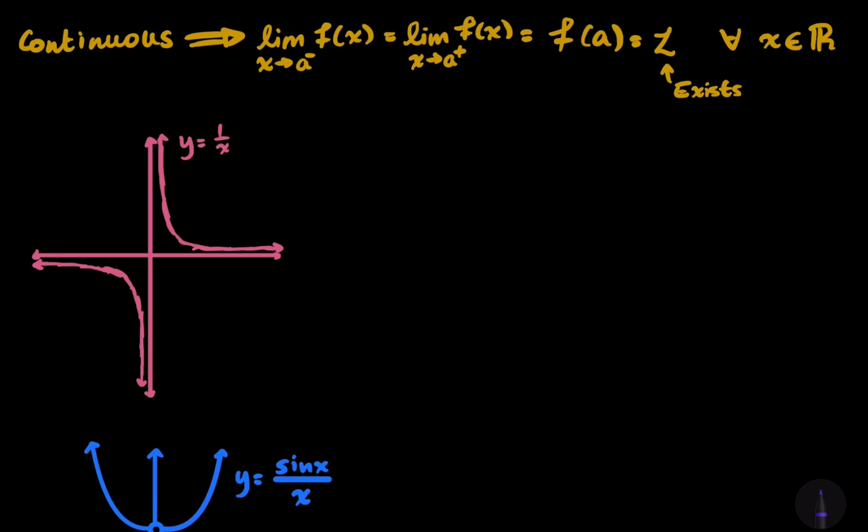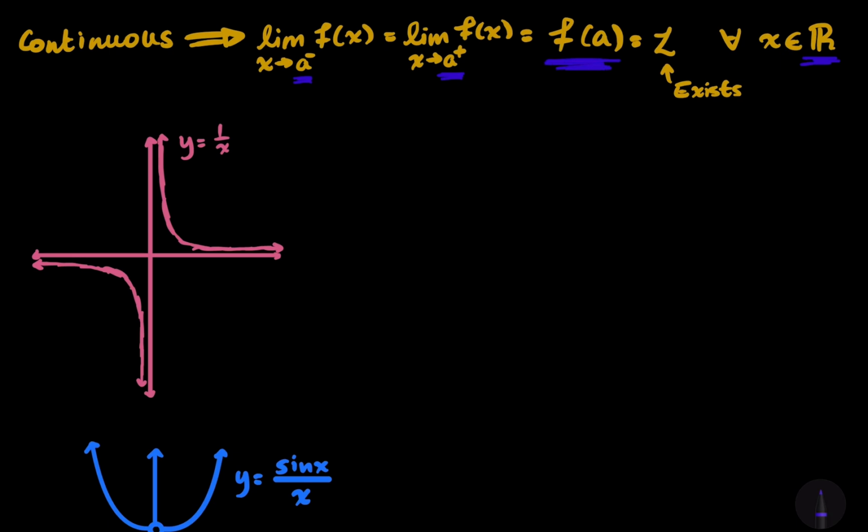So suppose we have a function f of x, and this function f is said to be continuous over all real numbers, so continuous over R, if and only if, for all a values, the limit as x approaches a from values less than a is equal to the limit as x approaches a from values greater than a, of course, of f of x, and that also has to be equal to f of a.